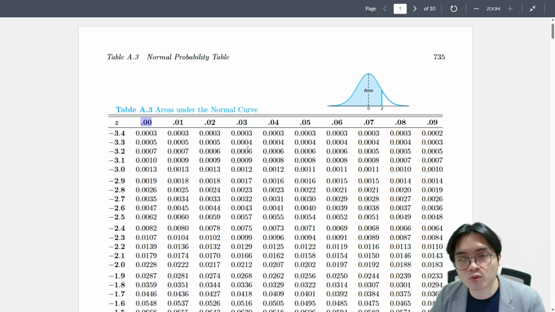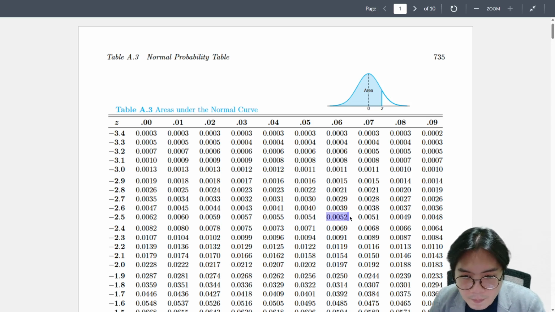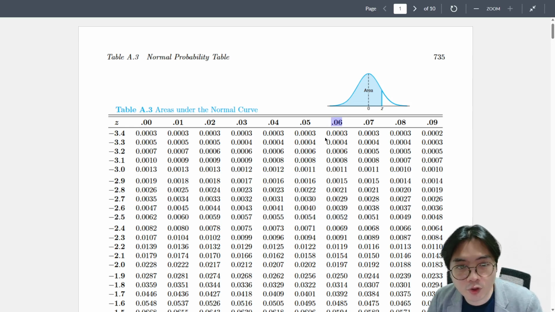So when we have 0.0052, it aligns with negative 2.5 and then 0.06. What this means is that 0.0052 is the value for negative 2.56. Okay, those are your areas under the normal curve.